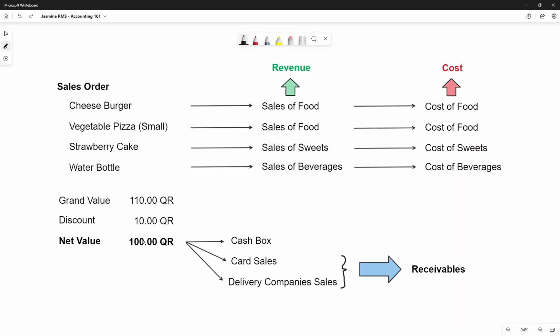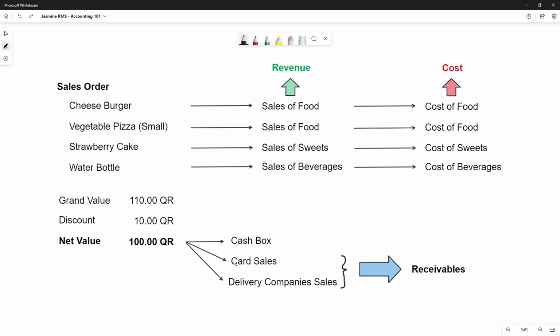And if we sell it through a delivery company, it will come to the delivery company sales account. So this one will come directly to our cash box. We have cash in hand. But those card sales and delivery company sales are receivables.